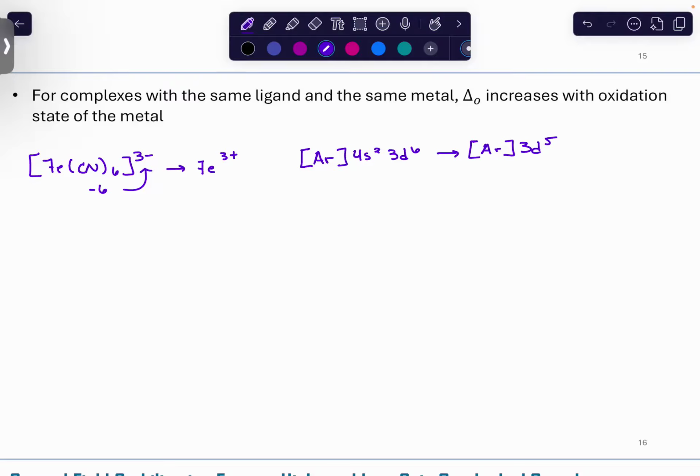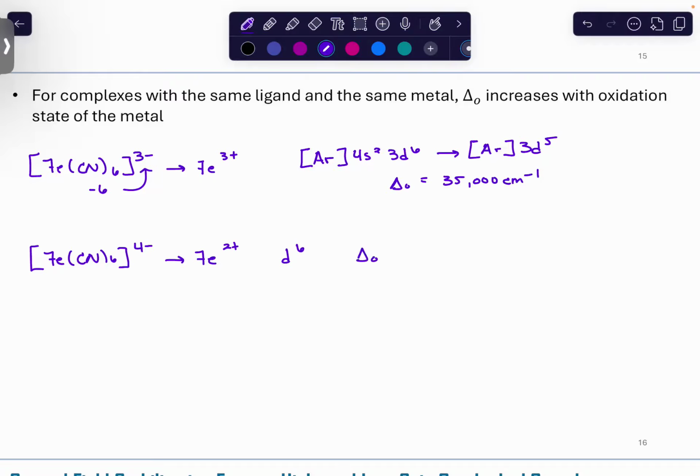Versus, let's take a look at this one. This time the oxidation state of iron is what? 2. So, simple enough. That means this is going to be a D6 complex. And then let's look here. The delta O for the first one, 35,000 wave numbers.